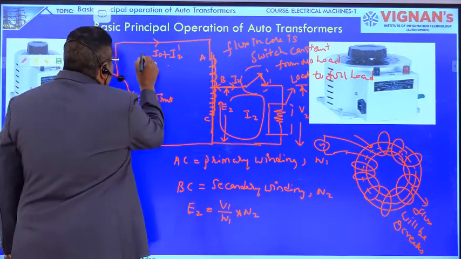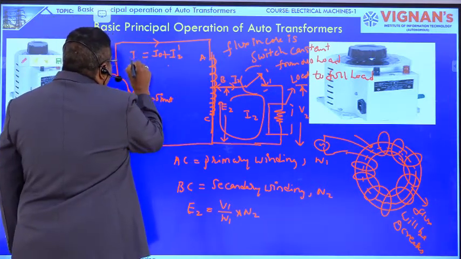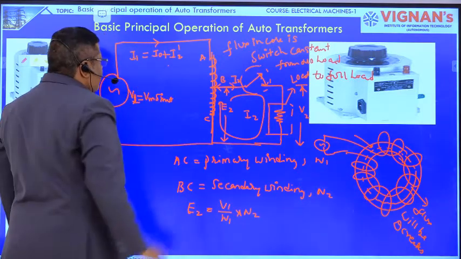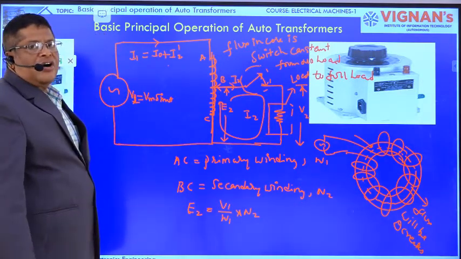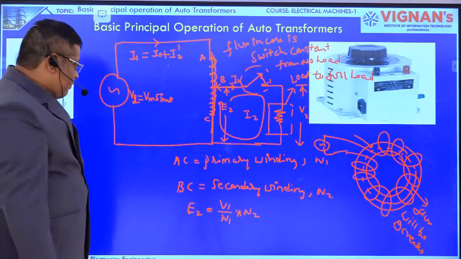See here, input power is nothing but V1 I1 cos phi 1.